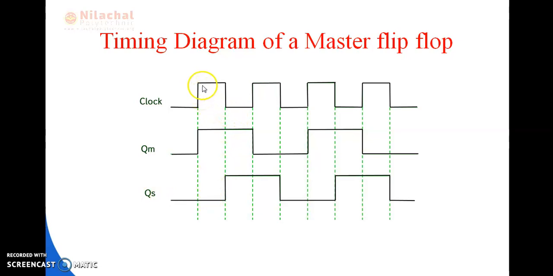Then when the clock pulse toggles, meaning it changes its value from 1 to 0, at that time the output of the master flip-flop remains high or 1, and the output waveform of the slave flip-flop changes. That means it switches from 0 to 1. So in this manner we can draw the timing diagram of a master slave flip-flop.